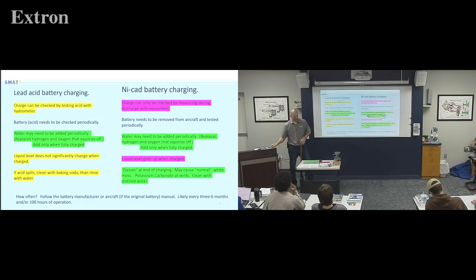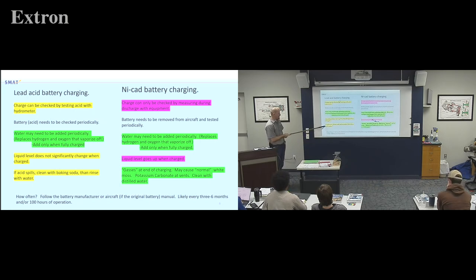Making sure he's got it right, but it's all gonna depend on what the manufacturer says on that one. Doesn't significantly change, level goes up and then back down when it's charged. Goes up, then down. So, I think I'm gonna have to do some adjustments on that slide.